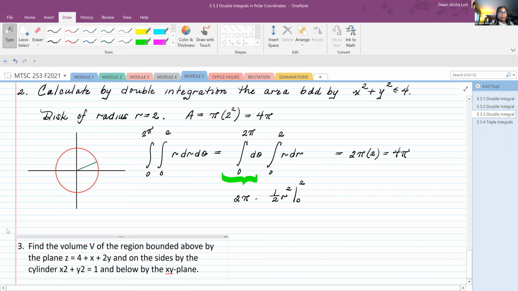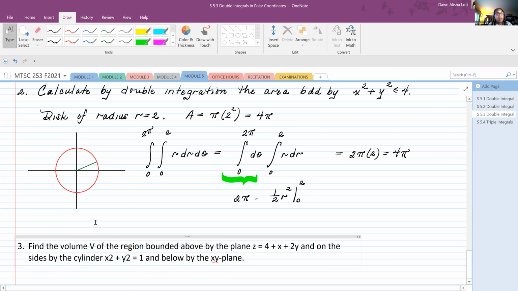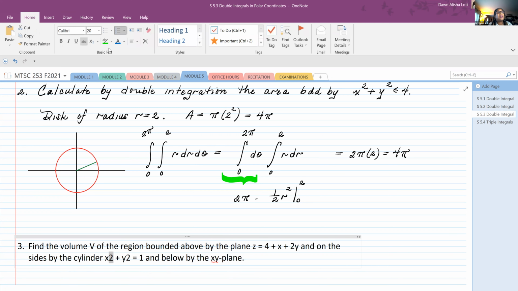Okay, that's what we have to find. So this is X squared and this is y squared.